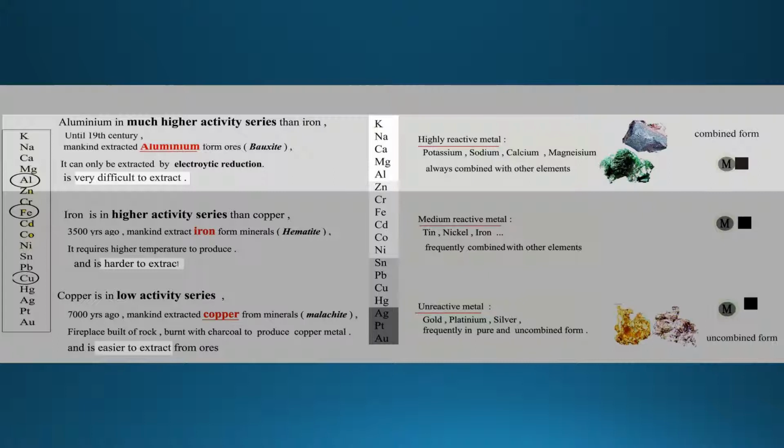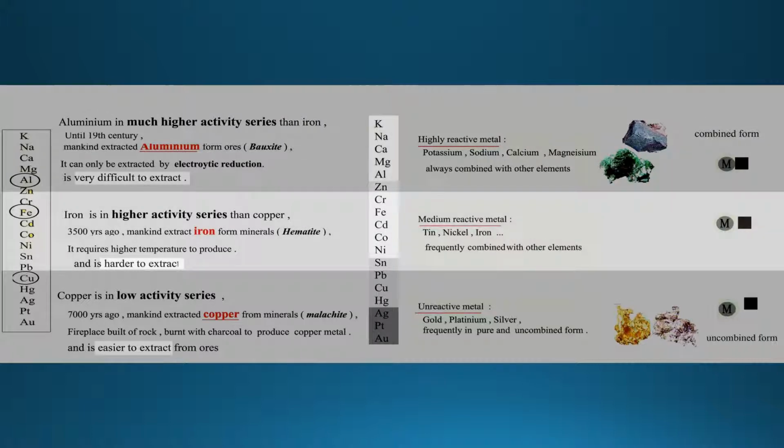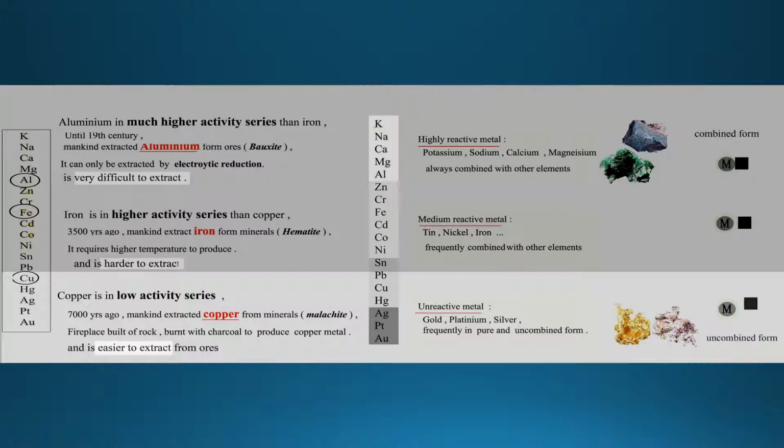Because they are in a tight combined form. Iron is also in a highly combined form. That's why they are hard to extract. And copper is in a less combined form, and is easier to extract. And how about gold, mercury, or silver? They are even lower on the table, so they are in an even more uncombined form that is easier to extract out.